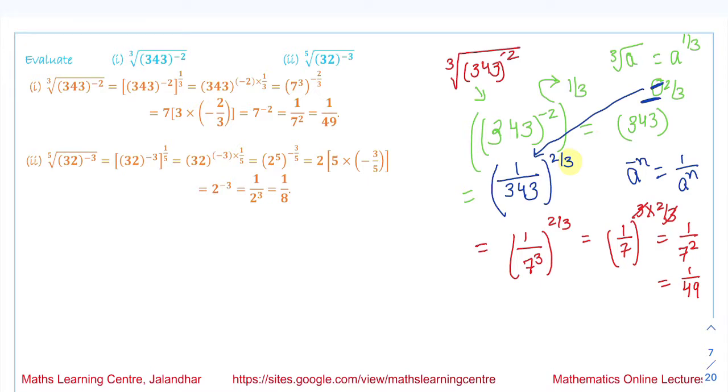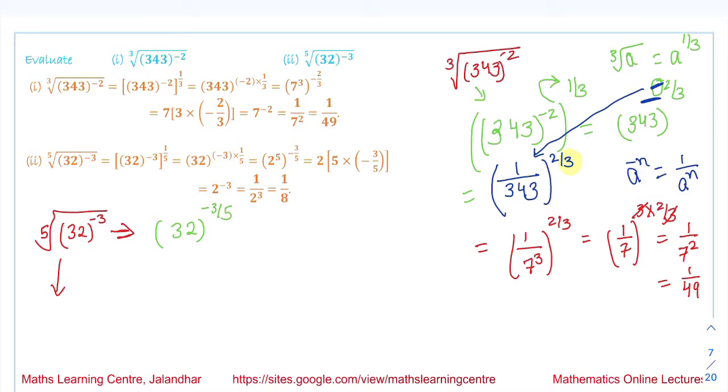Now again a similar question is there. It is the fifth root of 32 raised to the power minus 3. Again, you can solve it in both ways. We talk about two different ways over here. First, we remove the radical sign, so we get 32 raised to the power minus 3 by 5.